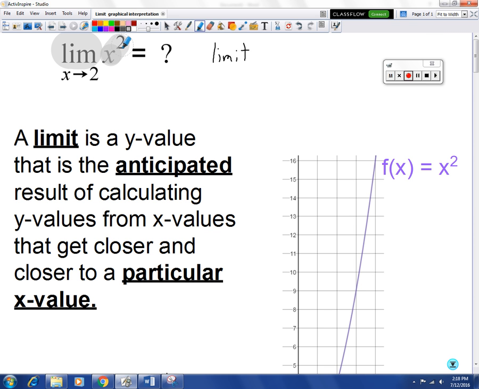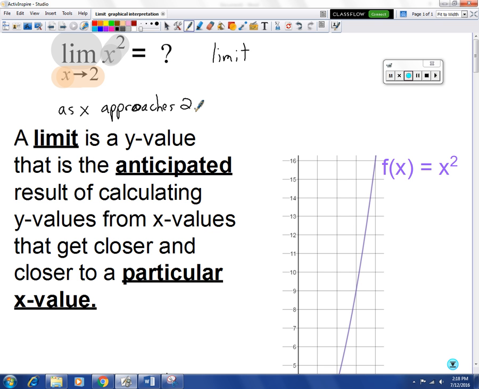Now this down here at the bottom, you're probably not familiar with. I have a little x, a little arrow, and a little 2. That is pronounced "x approaches 2." That little arrow really stands for the word approaches.